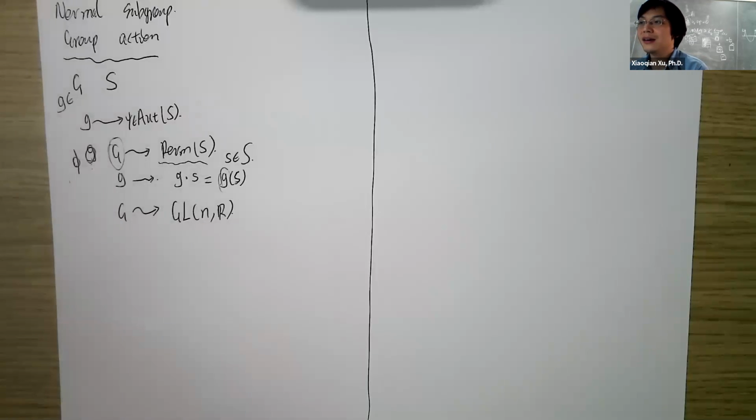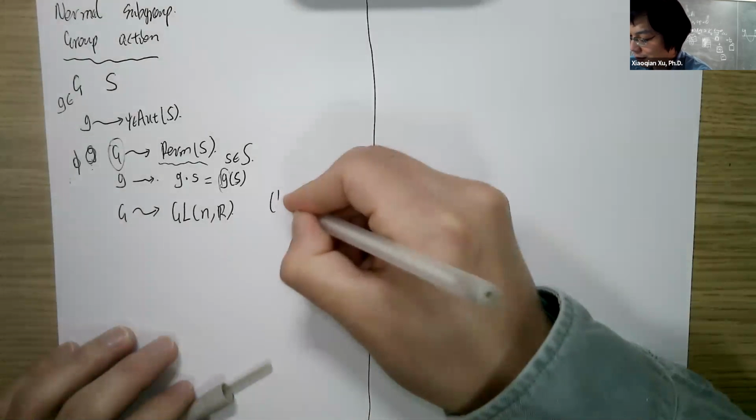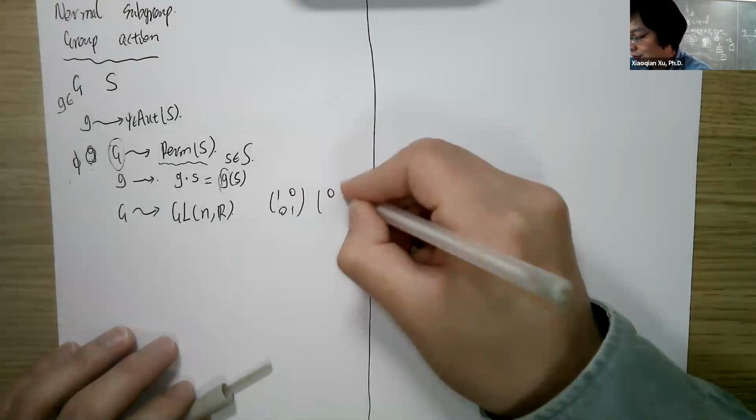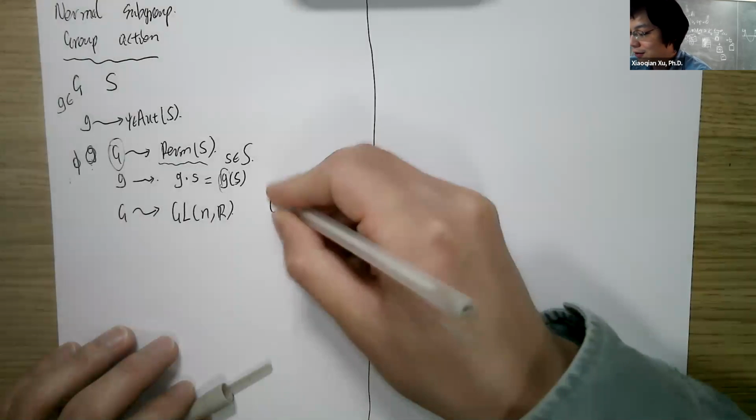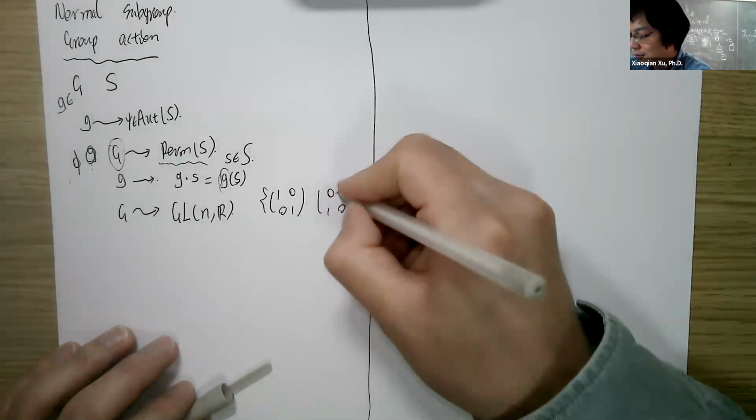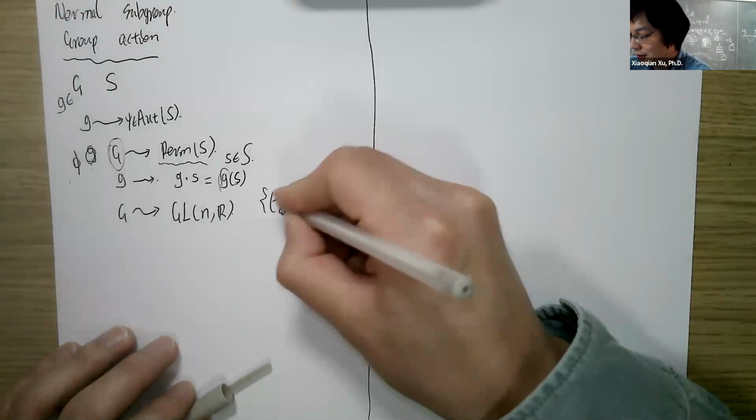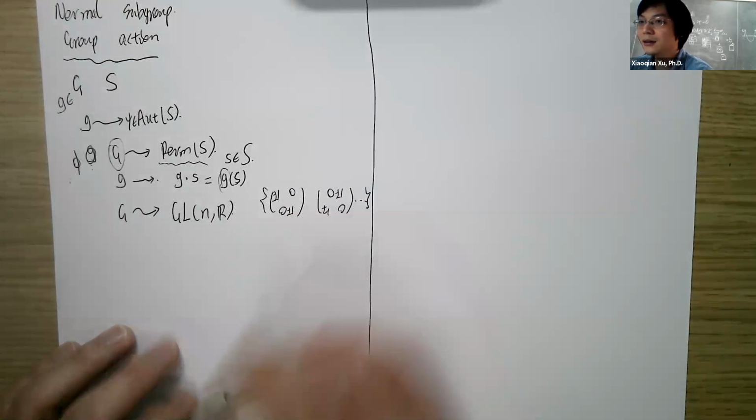For instance, I gave you some subgroup of the general linear group, with matrices like 1, 1, 0, 0, 0, 1, 1, 0, and so on, with plus or minus signs.